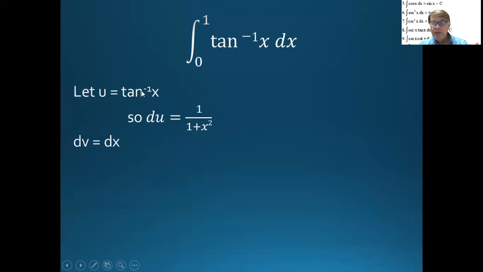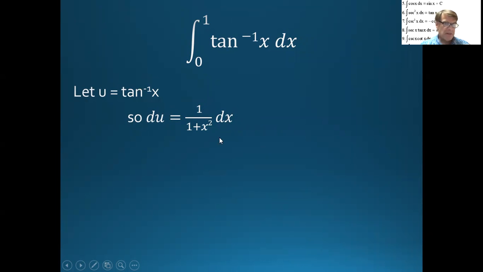Now, one thing that Stewart does in these examples that I think is helpful is he goes ahead and finds what du is, and he finds out what v is. So what is the derivative of the inverse tangent of x? I should probably have a dx over here, just for righteousness' sake. Hold on a second. Now mathematicians all around the world feel much better about me.